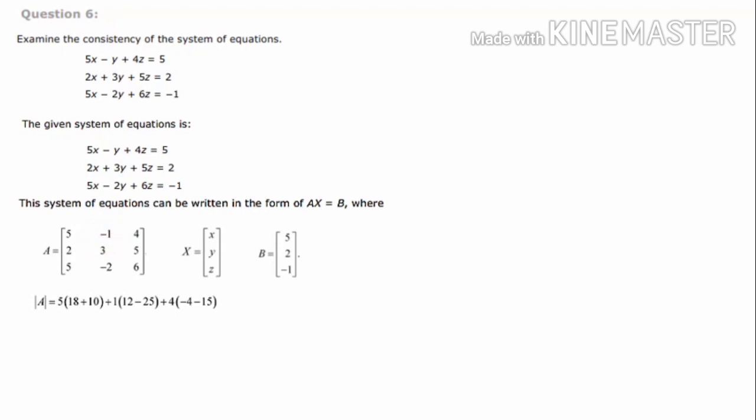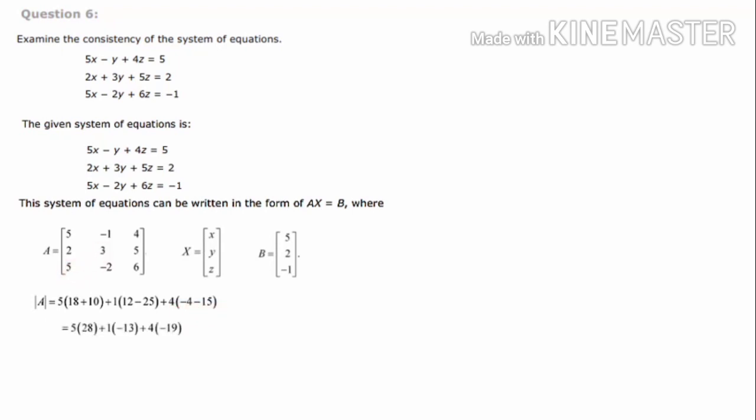So both the minuses together we will get plus. So plus 1 into, that particular row and column is eliminated, 2 into 6, that is 12, 5 into 5, that is 25. So 12 minus 25. Next sign is plus. 4 into, that row and column is eliminated, 2 into minus 2, that is minus 4, minus 5 into 3, that is minus 15.